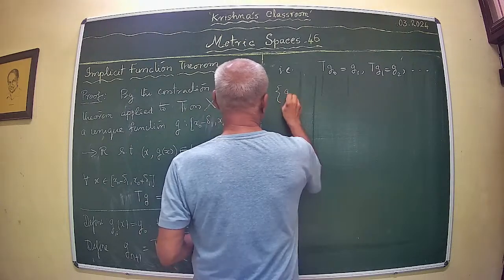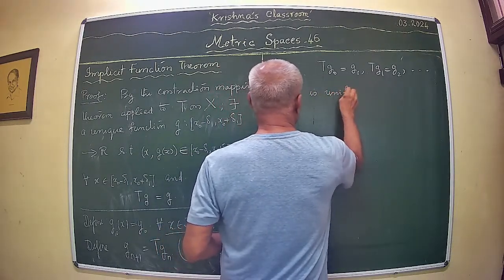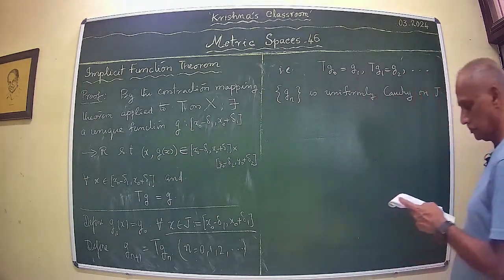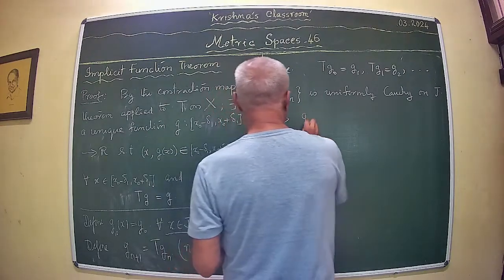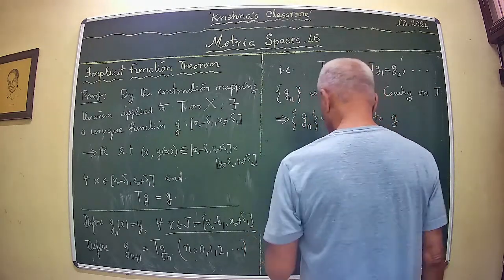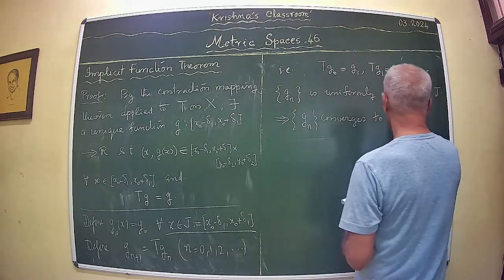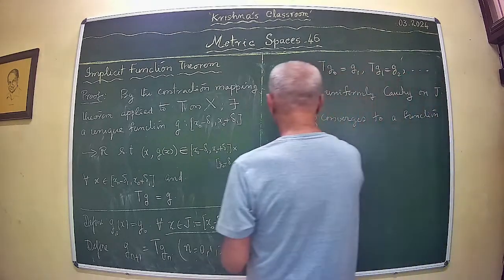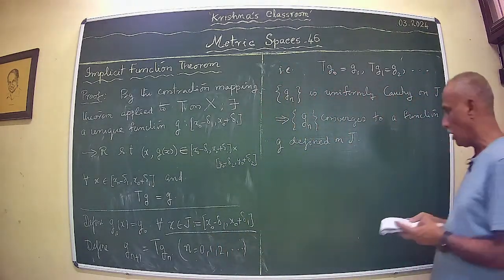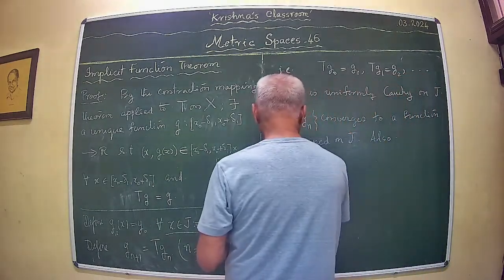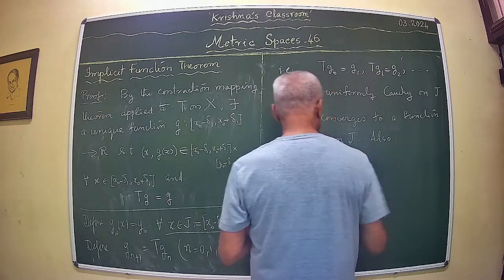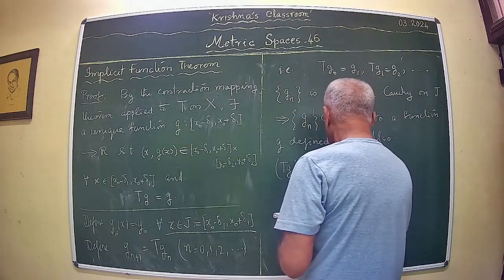Now you look at this sequence Gn, it is uniformly convergent to a function G. Also Tg of x equal to f of x gx, and this is equal to limit n tending to infinity.